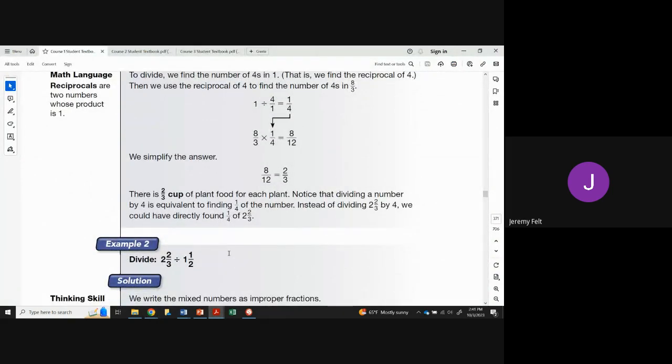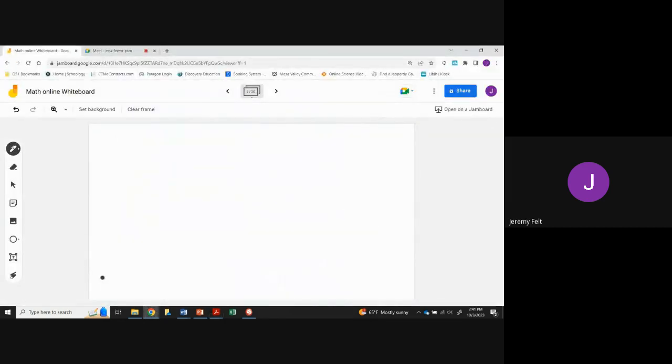Okay, if we have 2 2/3 divided by 1 and 1/2, again, improper fraction, 2 times 3 is 6, plus 2 is 8.